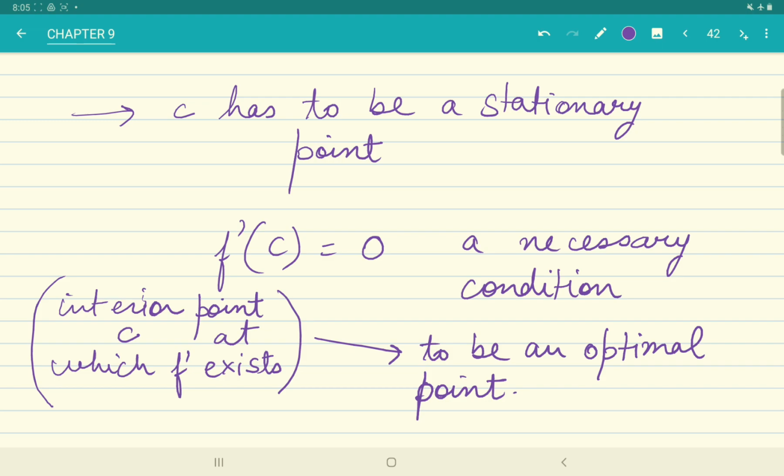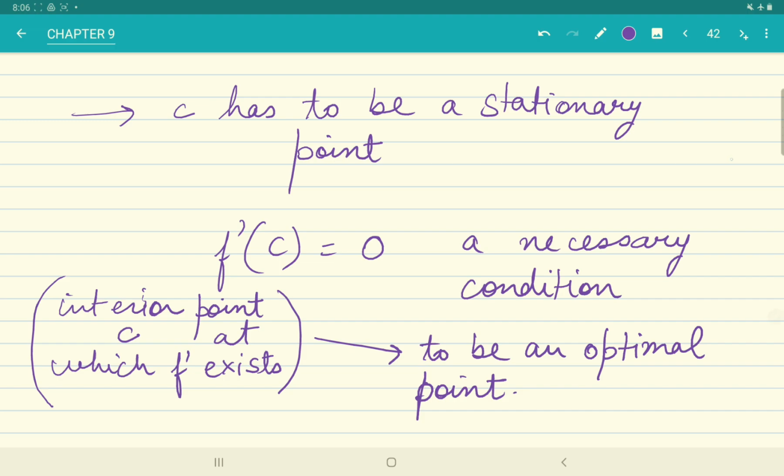If I say that this is a necessary condition, what I mean to say is that if you have an optimal point in the interior of the interval at which f prime exists, then f prime C has to be equal to 0. But there may be cases when you have a stationary point, but it's not an optimal point.